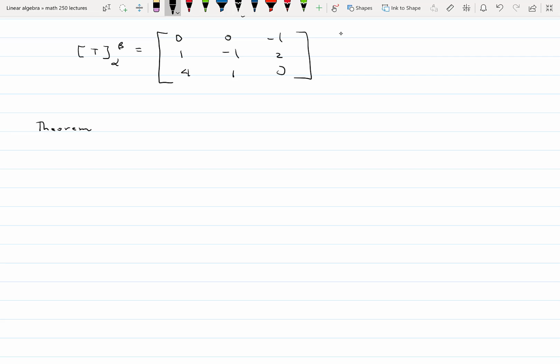This is from our textbook, Theorem 5.14.